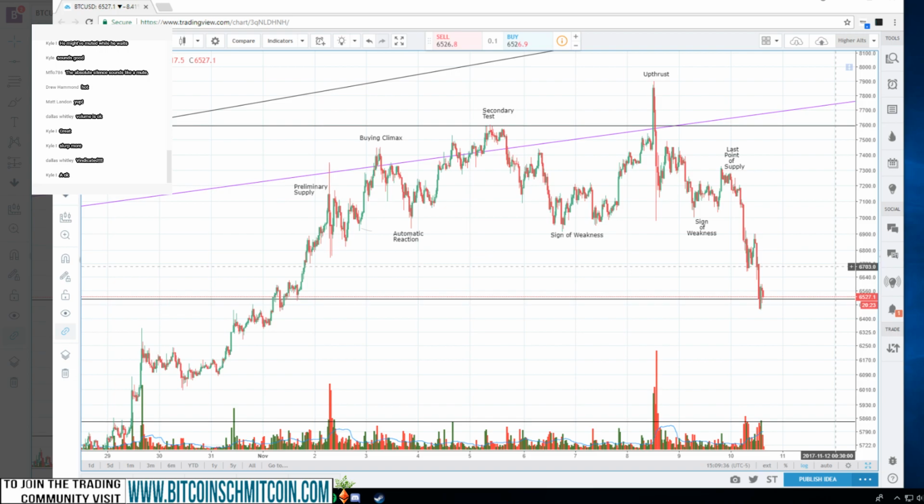Right, so we'll walk through the phases. We see preliminary supply here, which typically has a support level here. We see the buying climax, and then the secondary test, which I like to think of as a dry heave: the market came upward, and then it gets one more dry heave out of it, and then it tests the lower boundary.